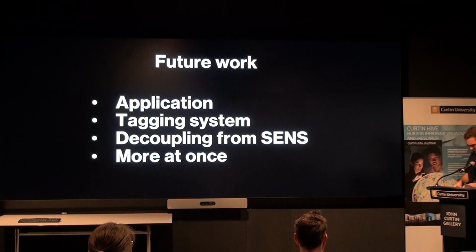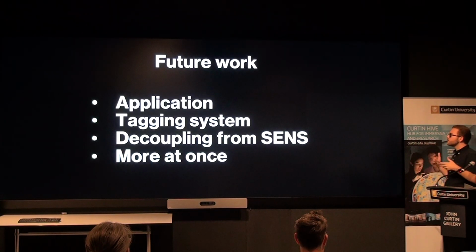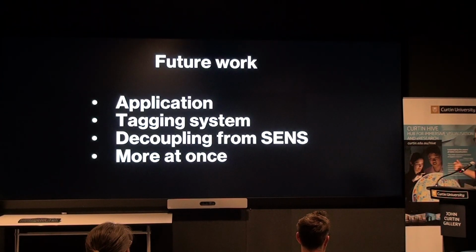Another thing is being able to add your knowledge of what the person was doing onto it. Because as it stands, SENS, they've got a limited set of what they can predict, right? If you did something and SENS can't predict it, then you're never going to see it. For example, if you knew that you were swimming from like 10 a.m. to 11 a.m., it'd be nice to put that on the graph so that you can see it and be reminded of it.